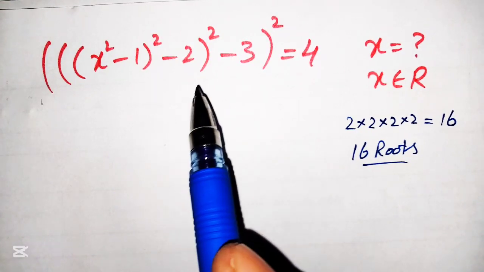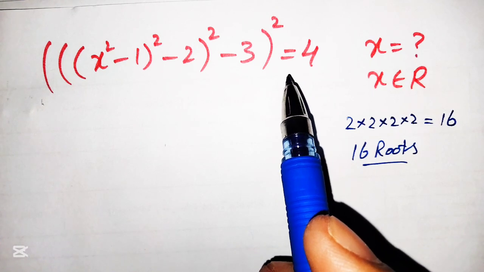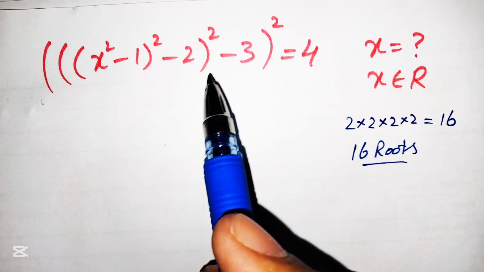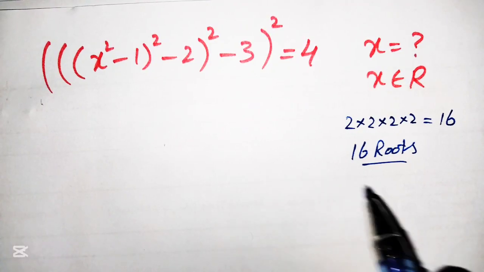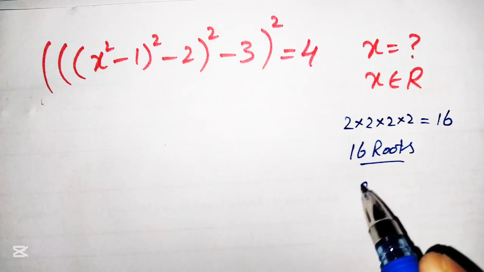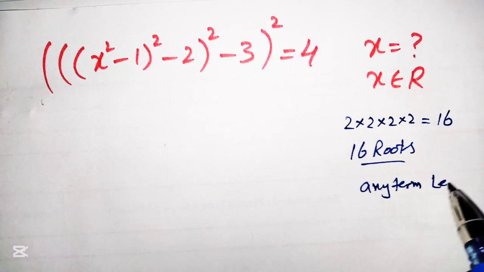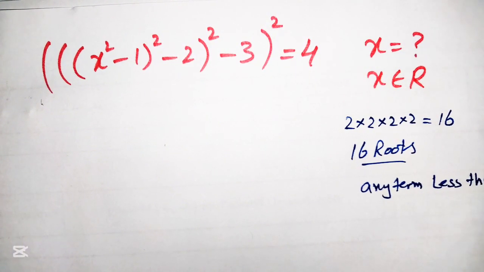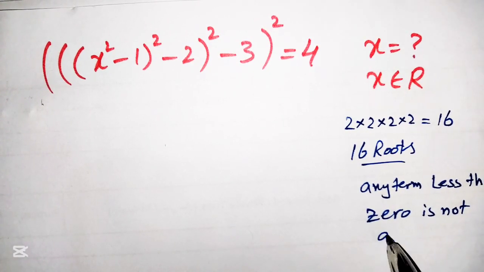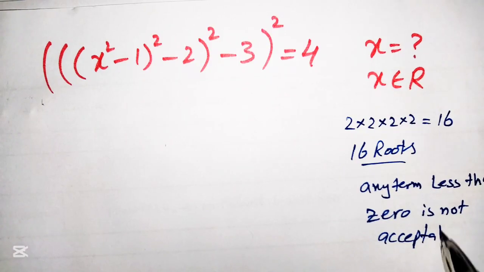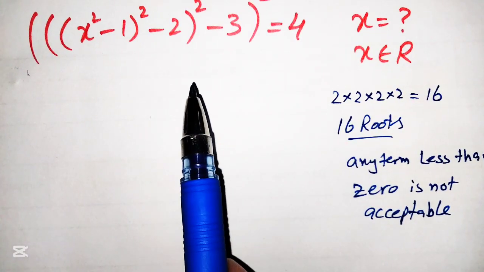In this solution we will take the square root step by step on both sides to eliminate the squares, and then find the final solution. And remember one thing, that in this solution any term which is less than 0 is not acceptable, because we are going to take the square root on both sides repeatedly.